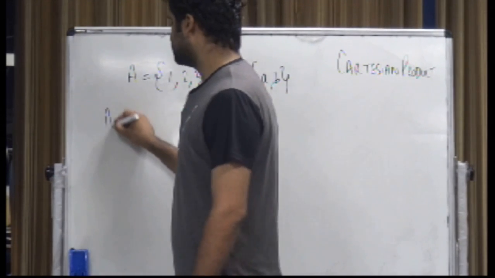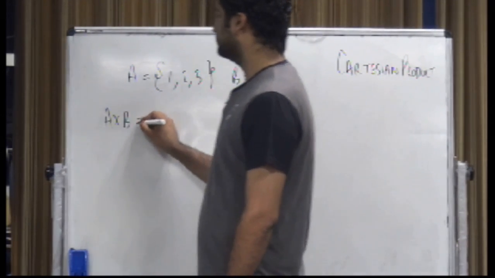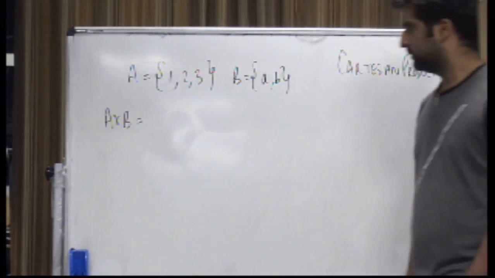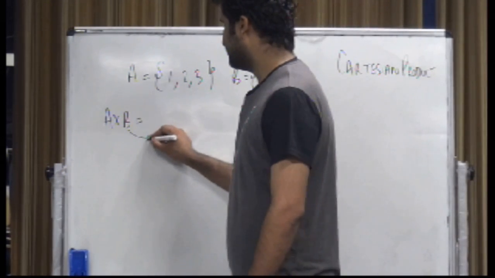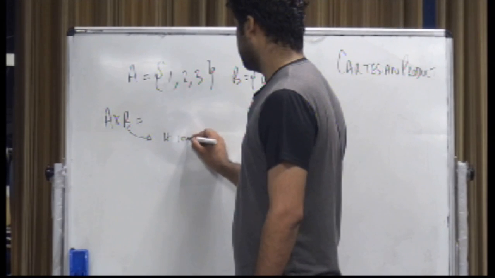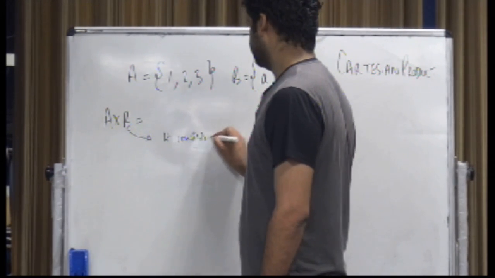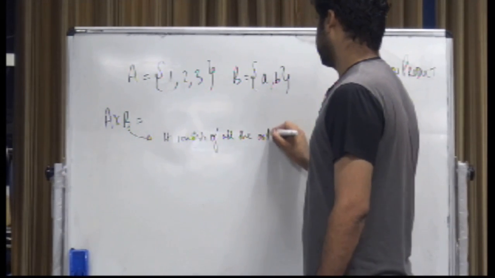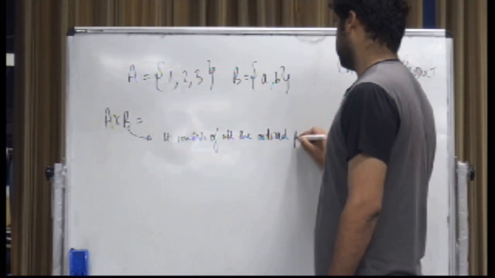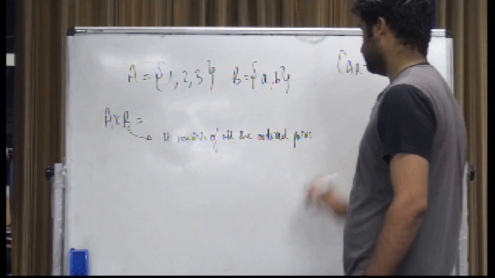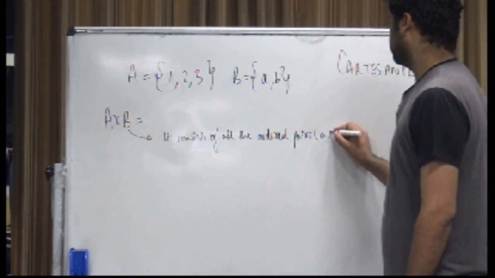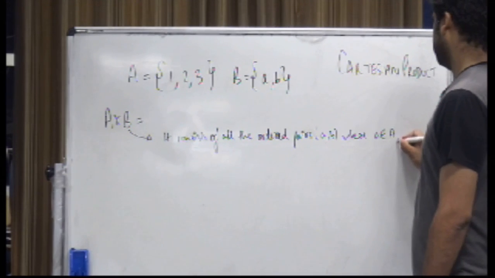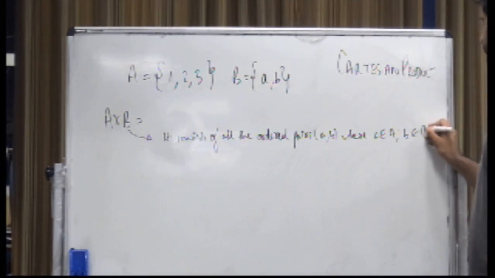Can you tell me what the Cartesian product A cross B is? 1a, 1b, 2a, 2b, 3a, 3b. Write down the definition: it consists of all the ordered pairs (a, b), where a belongs to A and b belongs to B.